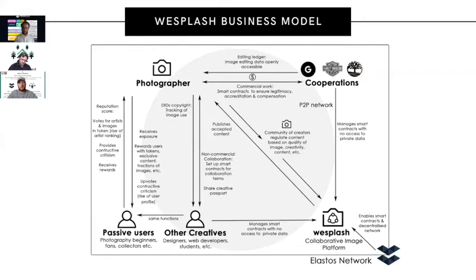Then on the right top-hand side, you would see the corporations, and these are the ones that somehow would be very interested in either advertising on the platform or having a direct and private communication channel with those photographers. And this is very close to a business model that the three of us have actually worked on.